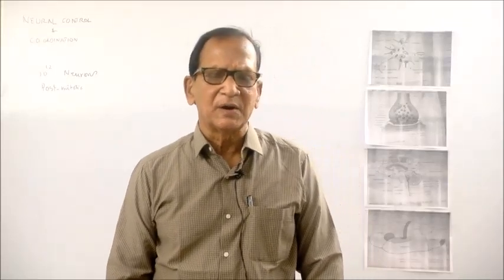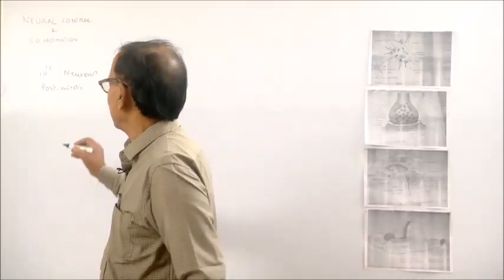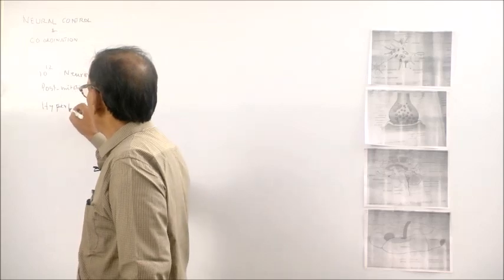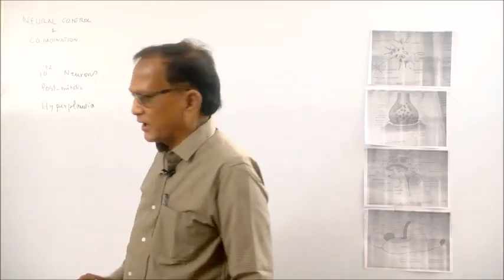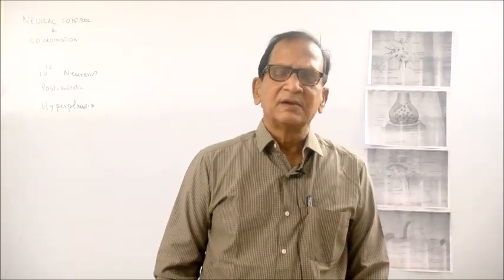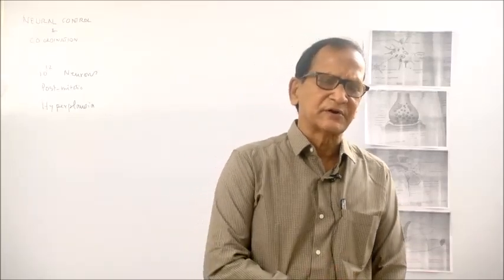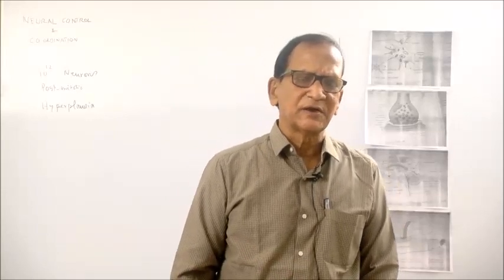So you will ask me, if there is no increase in number, increase in number is called hyperplasia. So there is no increase in number or hyperplasia after birth. There is only hypertrophy. That means there is a second kind of growth. Number doesn't increase, but the size of these individual cells, the neurons, increases.